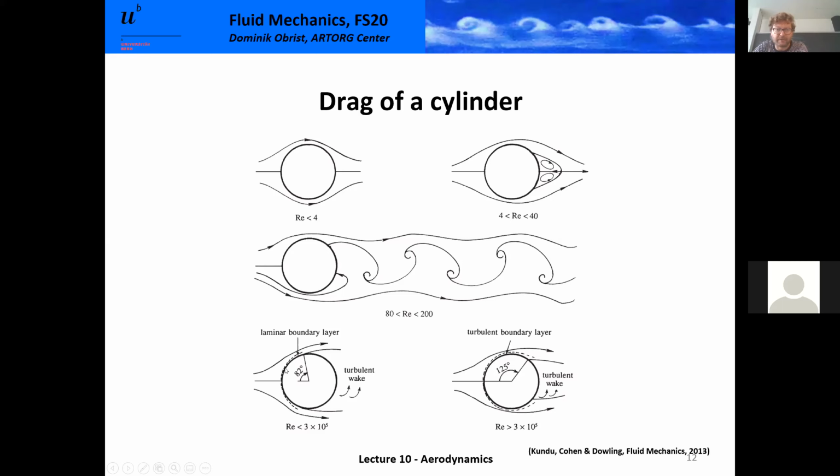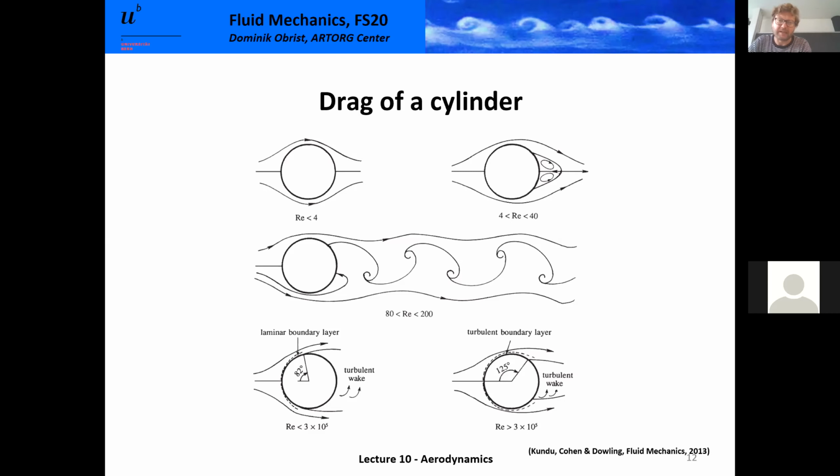And we have a laminar boundary layer, which has been determined experimentally in many experiments to separate at 82 degrees.